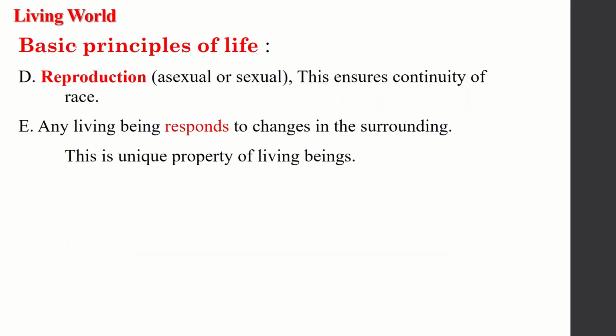Next point, reproduction. The living organism can reproduce. Each and every organism tries to reproduce either by asexual or sexual process. By either asexual or sexual method, they can reproduce and ensure continuity of the race, and they can produce more and more organisms. But in some cases like mules or worker bees, they cannot reproduce, but they are also living organisms.